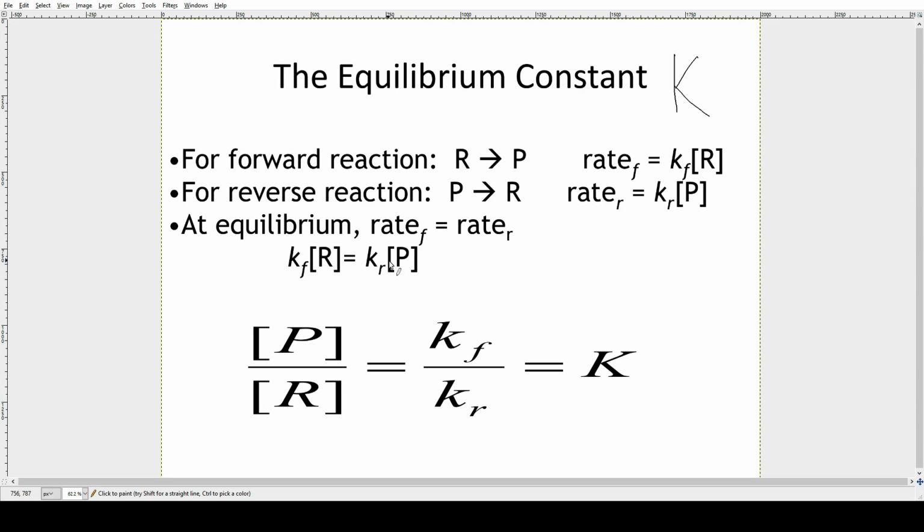So we'll set them equal to each other because we know the rate of the forward is equal to the rate of the reverse. And we're going to do some fancy math and solve so that the concentrations are on the same side as each other. So we'll divide both sides by the concentration of R, and divide both sides by the rate constant of the reverse.